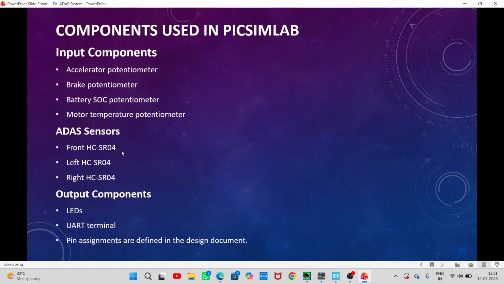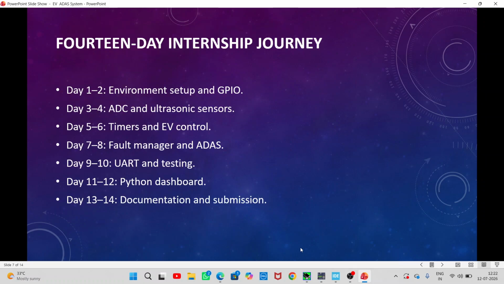Our project is divided into EV and ADAS, and we will see the details in a later slide. For output components, we have LEDs and a UART terminal, and pin assignments are defined in the design document. Move to the next.